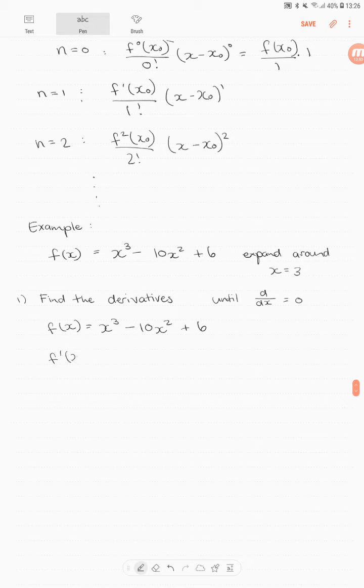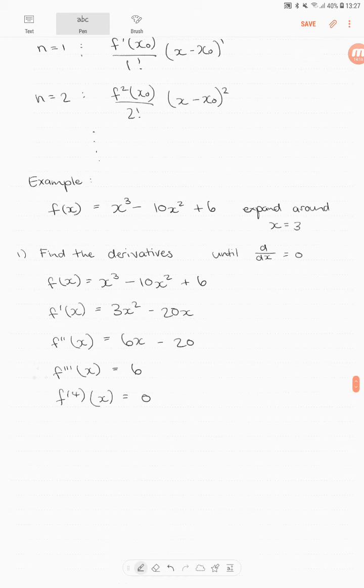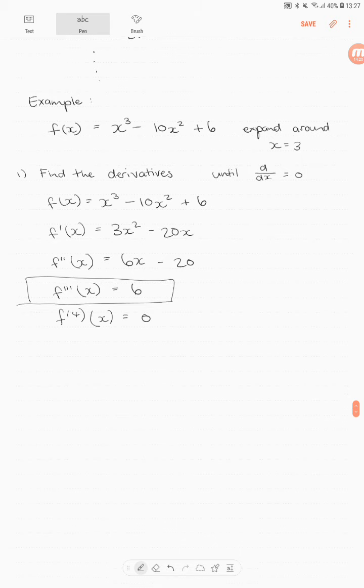So our first order derivative is 3x squared minus 20x. Our second order derivative is 6x minus 20, and our third order derivative is equal to 6. Our fourth order derivative is equal to 0. So we can stop at f triple prime.